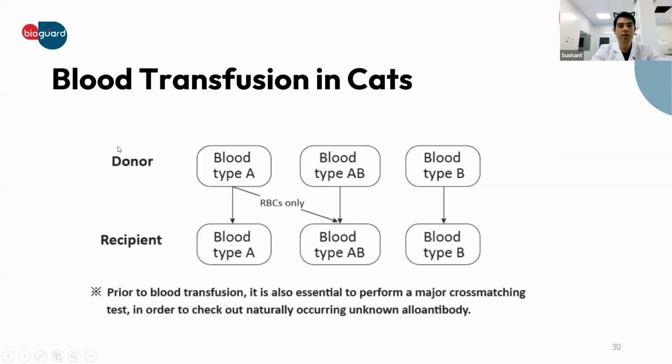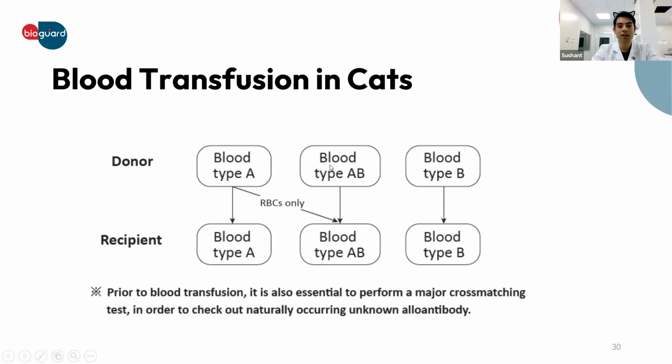So blood transfusion in cats, in easy language: if the donor is blood type A, it can donate blood to blood type B, as well as to blood type A itself.